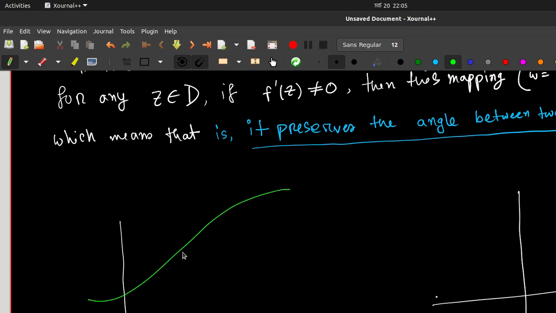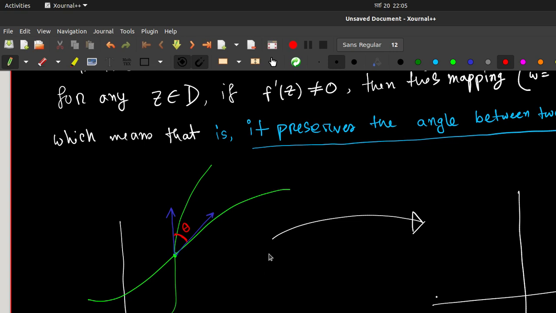Let's say one of them like this, and I can have another curve like this, and let's say this is a point where they intersect, and I can draw two small tangent lines like this. And now we want to map this whole picture into the w plane, and let's also denote the angle between these two tangent lines as theta on the z plane.